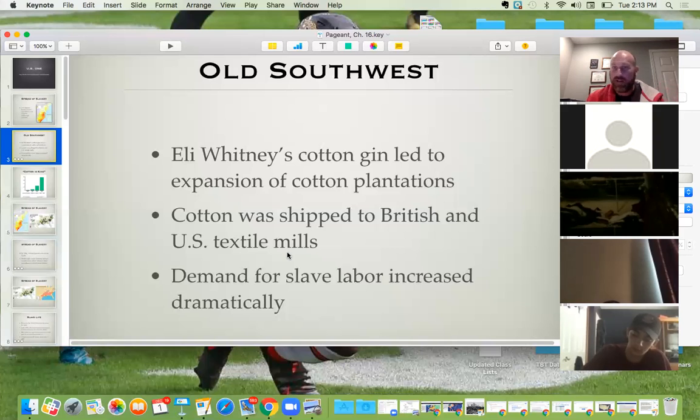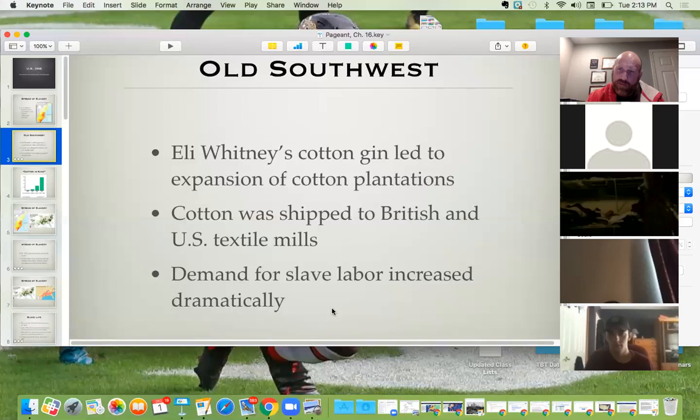But the cotton gin took the manpower out of that. It separated the seeds, okay? This machine automated the seed process. It could generate up to 50 pounds of clean cotton daily. So cotton, as a result, will be shipped to British and US textile mills. A lot of times when you see the invention of machinery, it reduces labor, right? It reduces labor needs.